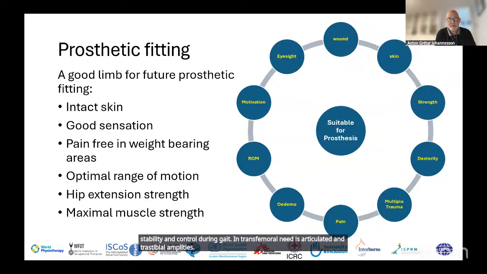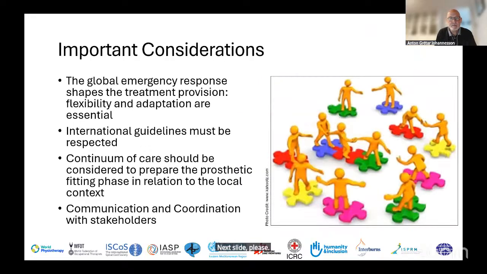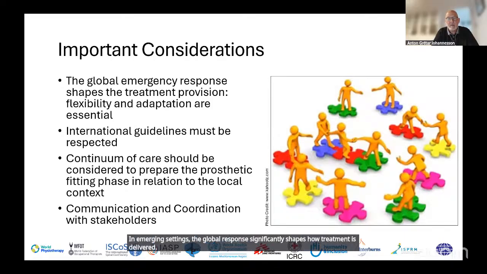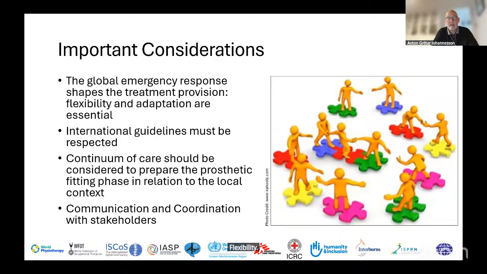Next slide, please. In emerging settings, the global response significantly shapes how treatment is delivered. Flexibility and ability to adapt are essential to meet rapidly changing conditions. At the same time, international guidelines must be respected to ensure safe and consistent care.